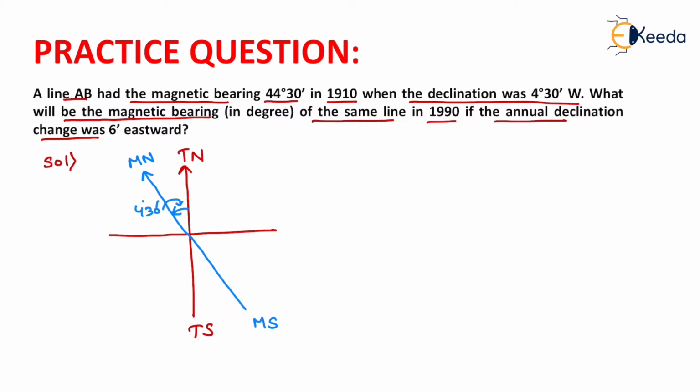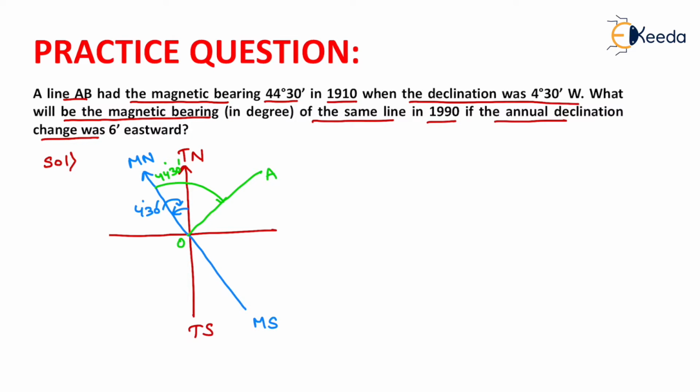Okay, and the magnetic bearing of survey line is given as 44 degree 30 minute, and it will be measured from the magnetic north in the clockwise direction like this. Okay, that will be the survey line OA, and this magnetic bearing will be equals to 44 degree 30 minutes.